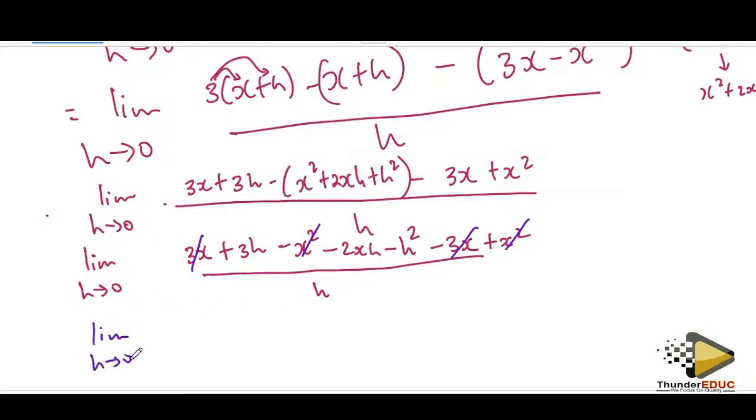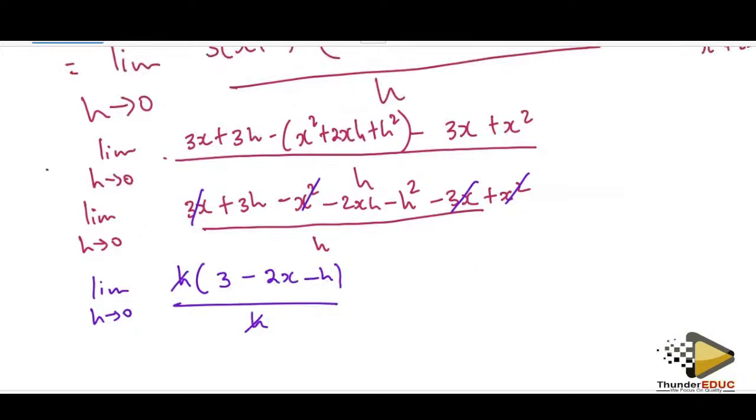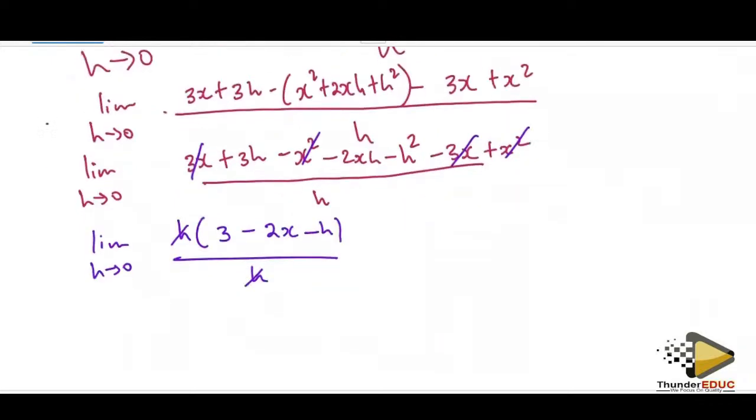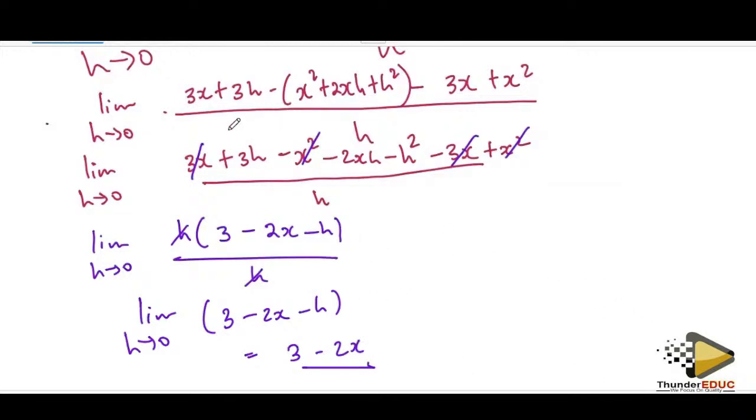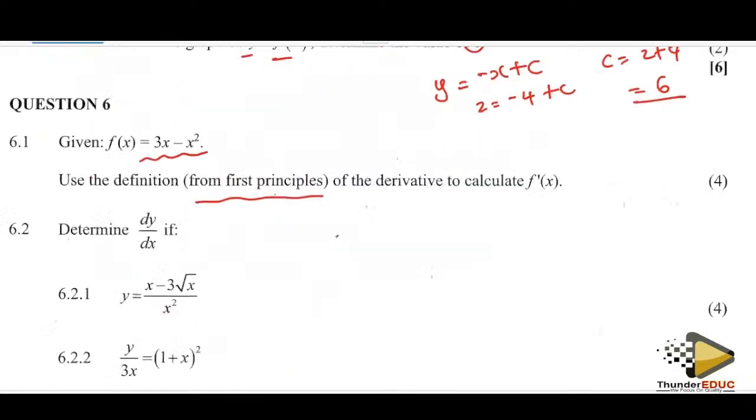So limit as h tends to 0, h becomes 3 minus 2x minus h over h. So this will cancel. But we know that the limit as h tends to 0, everything will reduce. Have 3 minus 2x minus h. So h is a 0. So which means we shall have 3 minus 2x. So that becomes our answer, our first derivative.